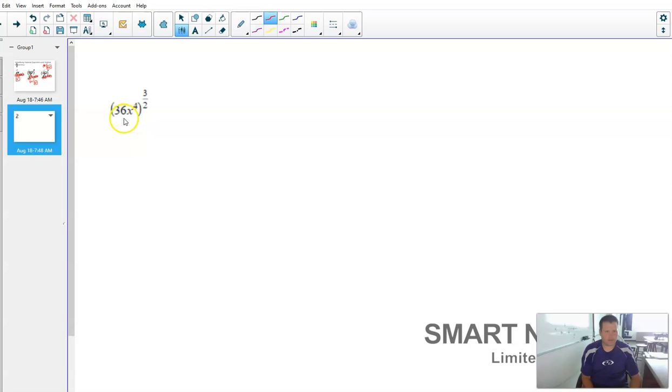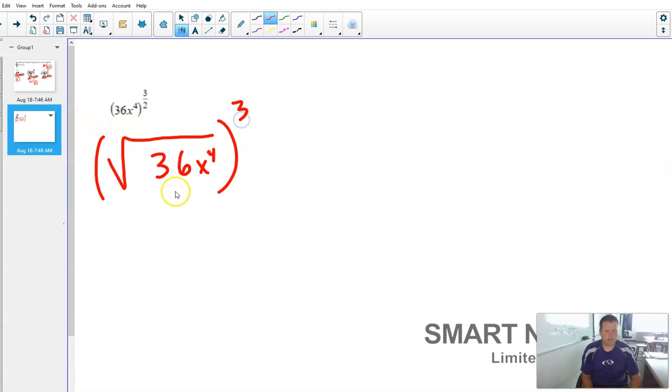Let's do one more just to make sure here. So I've got 36 x to the 4th to the 3 halves. So again, change its form. This is the square root of 36 x to the 4th all to the 3rd. Break this down. I got 6 and 6, and then I've got 2 and 3, but I already have a pair, so I'm just going to leave it like that. x and x.